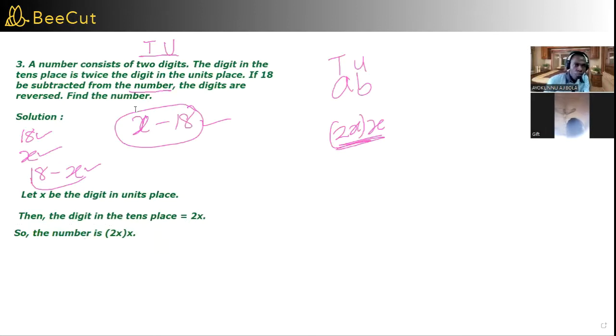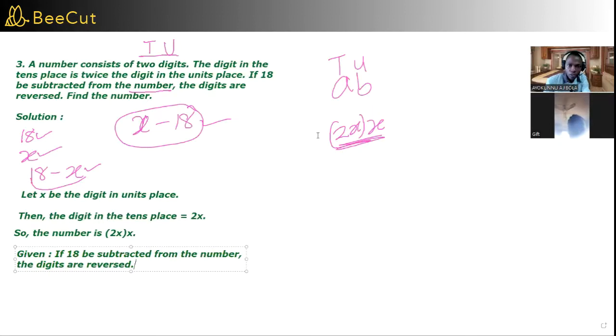Okay, so if 18 is subtracted from this same number, then the digits are reversed. Given this statement, when 18 is subtracted from a particular number, the digits are going to be reversed. So that means it's going to lead us to something like BA instead of AB.